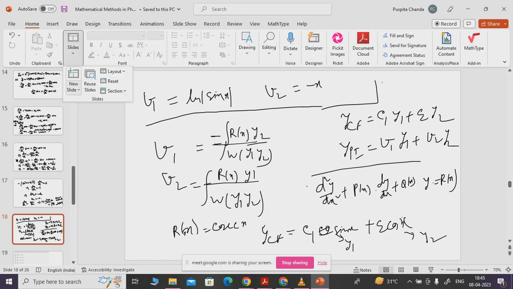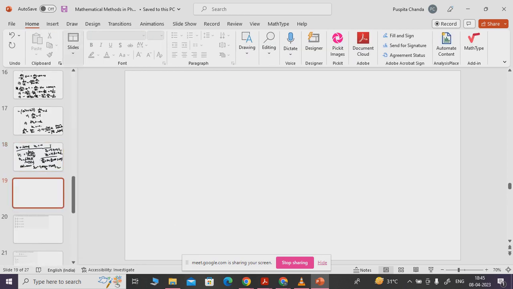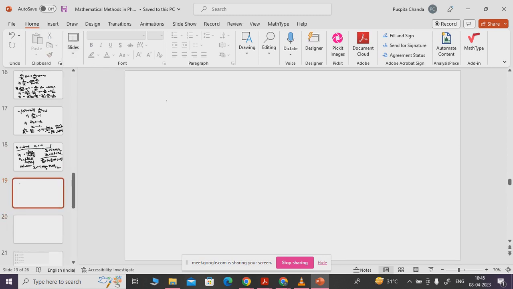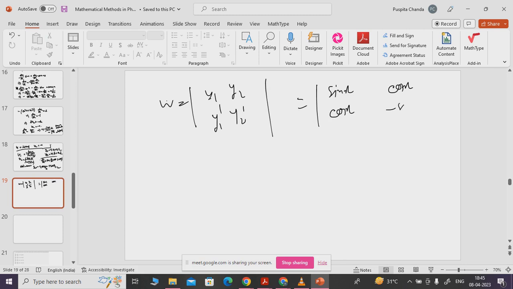Then the Wronskian will be the determinant of y1 y2, y1 dash y2 dash, so it will be sin x cos x minus sin x, which is minus 1.